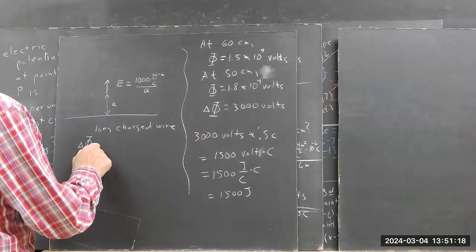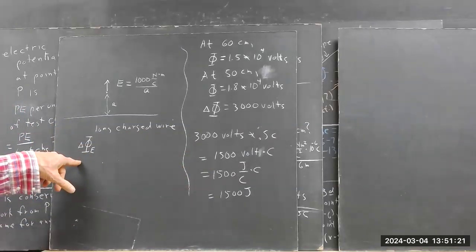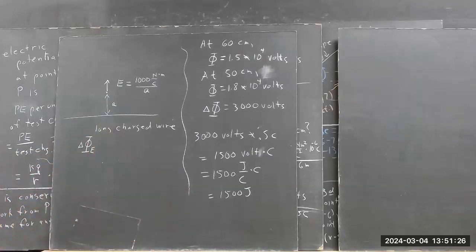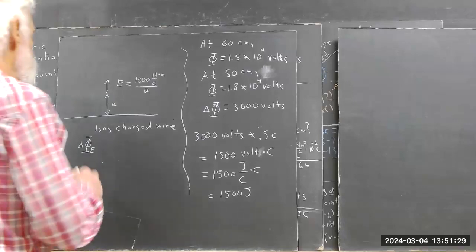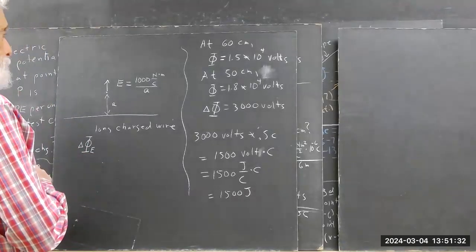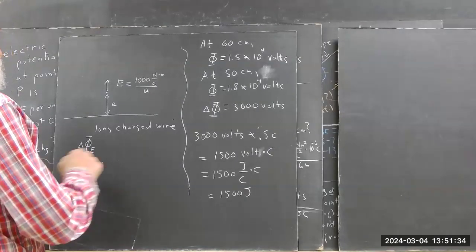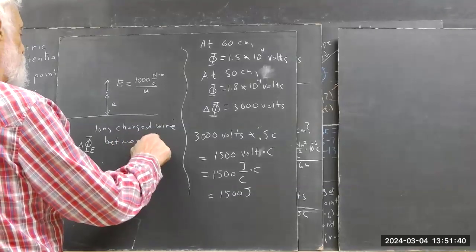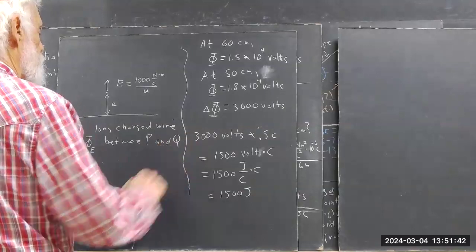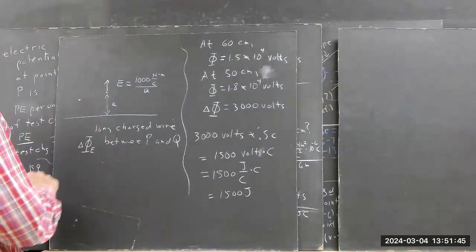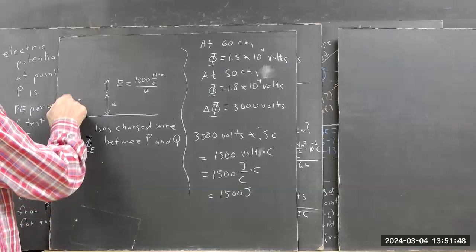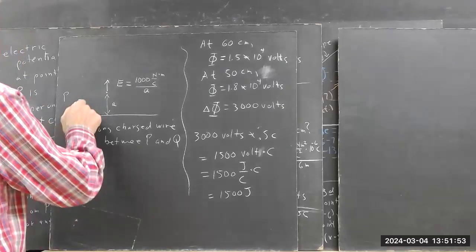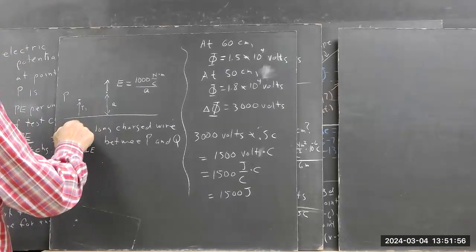I'm going to call it delta phi sub E. That's just what I've been using for delta phi, because we also have the magnetic potential function. Okay, but it's actually a vector potential. We'll see. You got delta phi to your electric field between P and Q. So here's P and here's Q. P is a distance R1.